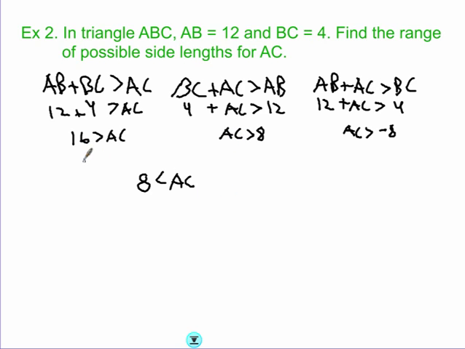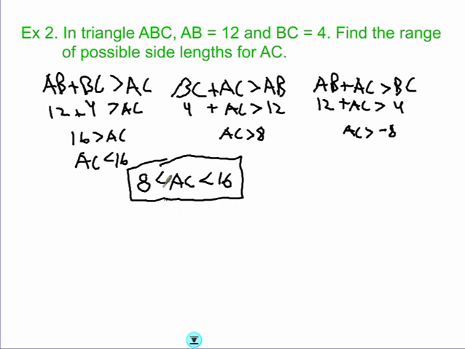And then we also know that AC is less than 16. And there we go, I've got a range. I know that 8 is smaller than AC, and AC is smaller than 16. So AC can be any number in between 8 and 16.